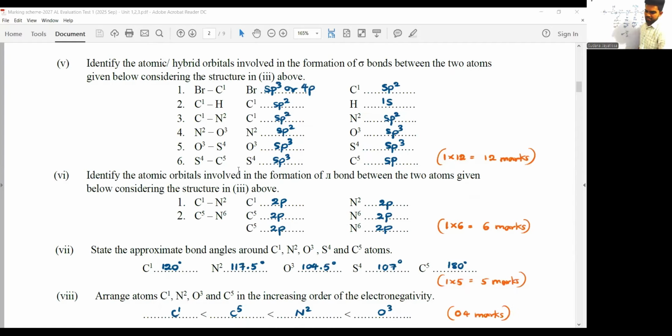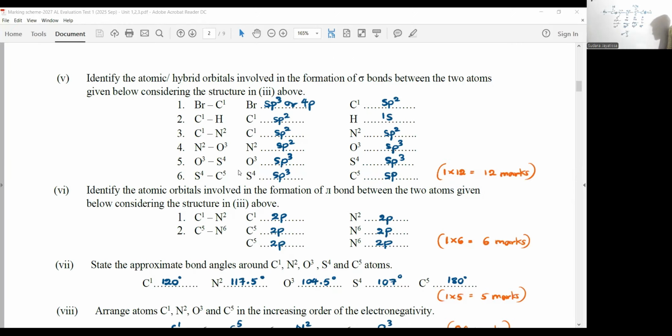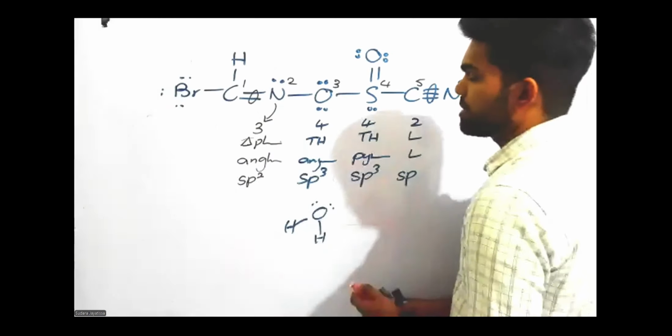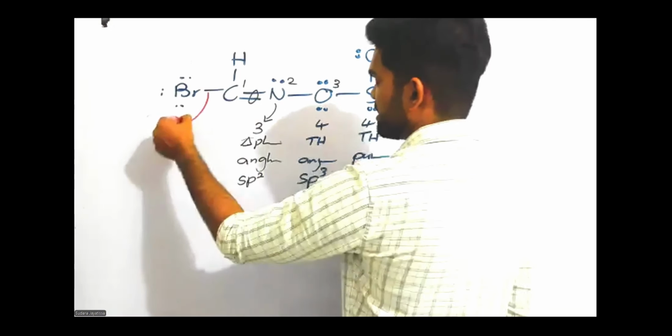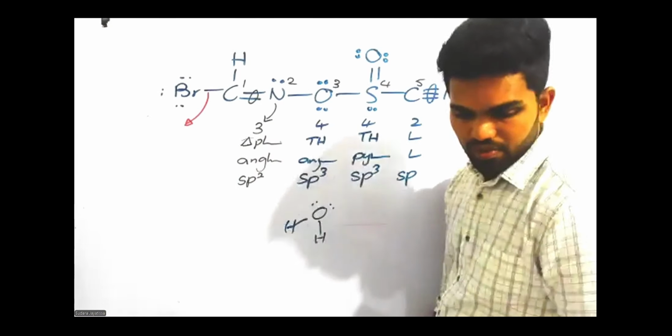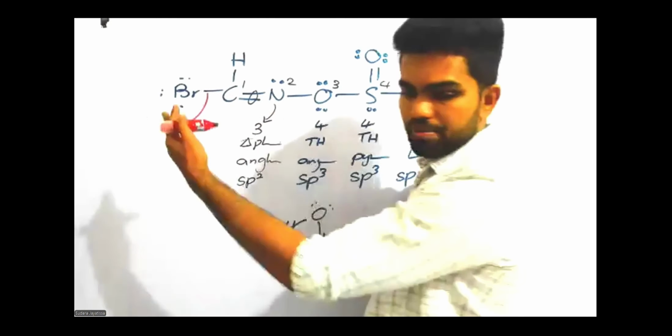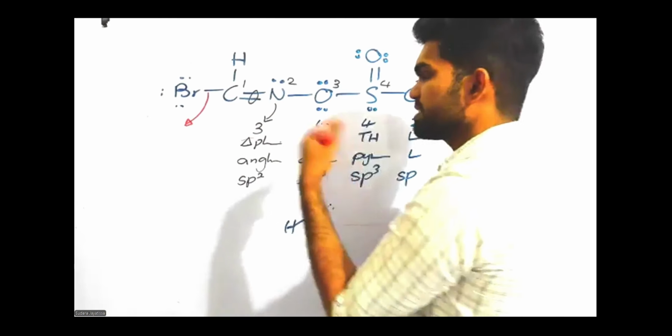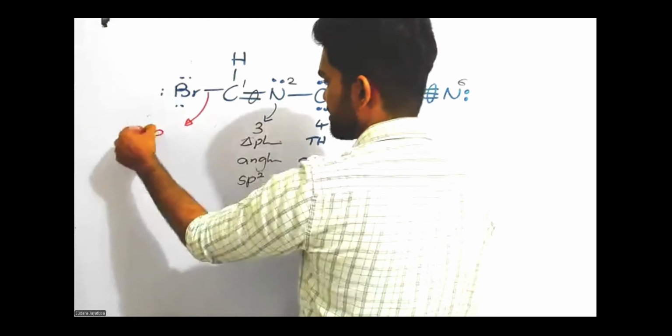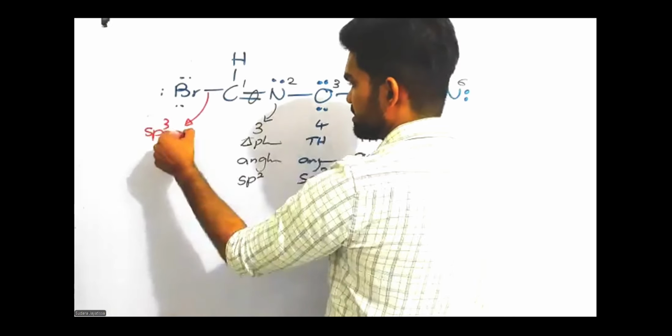And the next part is also interesting. They're asking you for the orbitals which made these bonds. These are the answers provided. Br and C1. So bromine here, we can say bromine either hybridized or unhybridized, right? Remember, if it is hybridized, we can say sp3, and this carbon sp2.